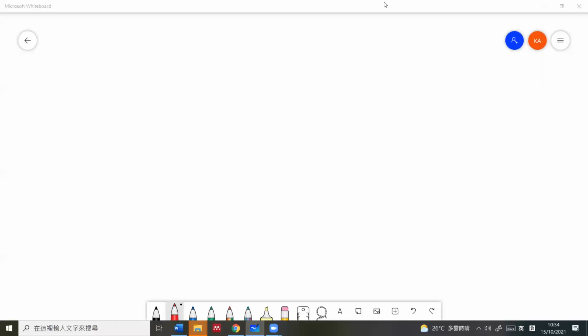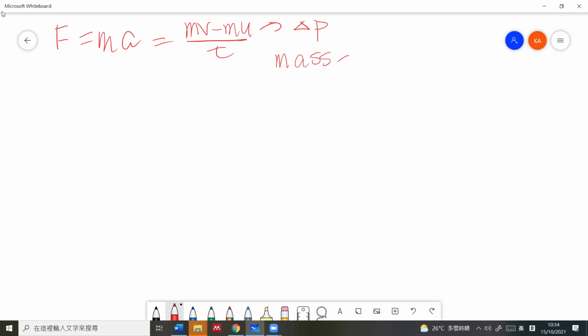Okay, so we will use around 10 minutes to have a revision about the momentum first, and then we will go to the new section. For the momentum, I guess we can start from F equals to ma, so a equals to (v minus u) over t. Here is the change in momentum, and the mass times velocity is called the momentum.